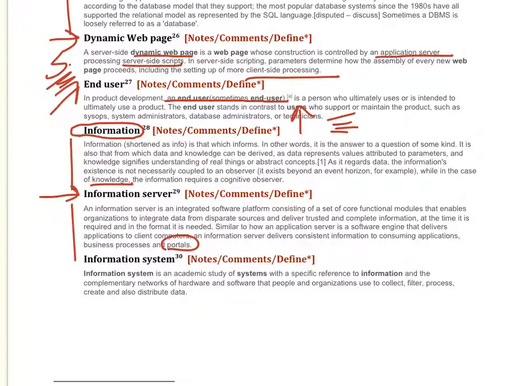It gets us the information, and an information system would use an information server to distribute the data. In fact, they talk about collect, filter, process, create, and distribute data. Networks of hardware and software to do that.